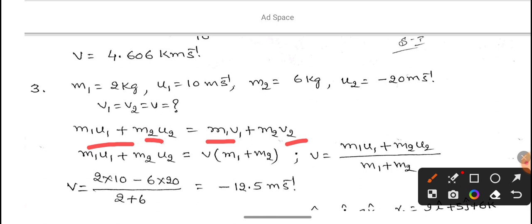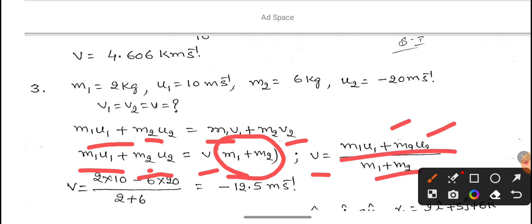After they collide, the two bodies cling together and have a common velocity v. We find the common velocity v equals m1 u1 plus m2 u2 divided by m1 plus m2.